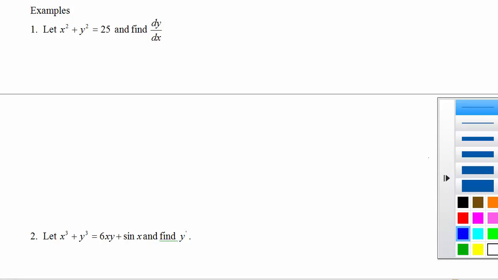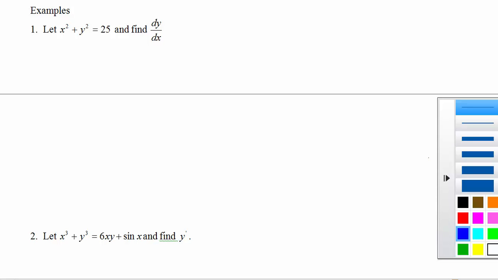The derivative of x squared is 2x. Okay, so that's fine. When I get to the y squared, the derivative of y squared, the outer would be the squared, so it's just like normal, 2y. And then what's the derivative of y? y prime. So again, whenever I have a y in the problem, I'm going to apply the chain rule and have a y prime, and the derivative of 25 is 0.